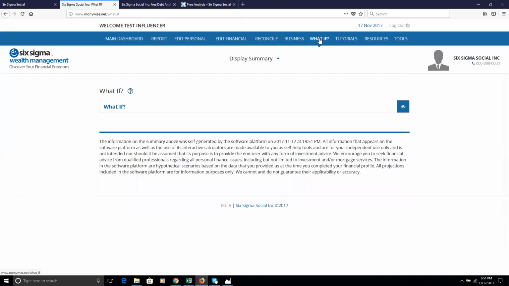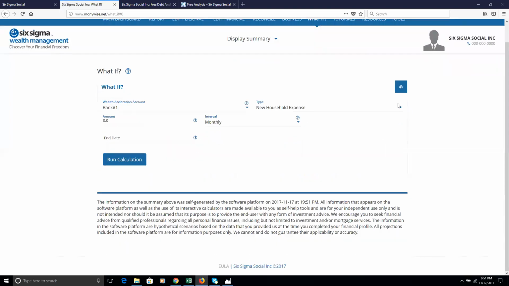Now here's something else I like: the what-if scenarios. I want to buy a motorcycle. I want to buy that big screen TV. Whether it's a new household expense or just a one-time payment, you can add something in and run the calculation, and it helps in the negotiation with the better half as to whether the Harley Davidson is going to be in the garage or not.